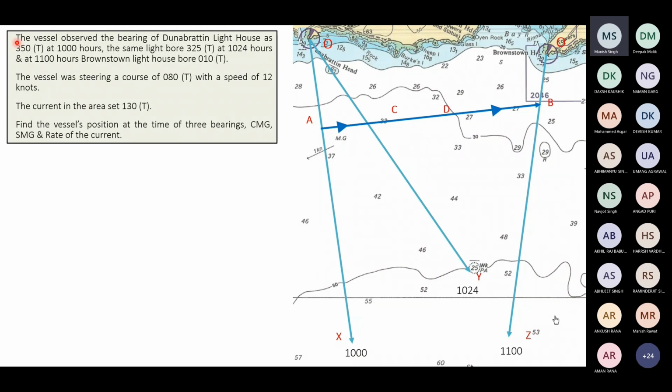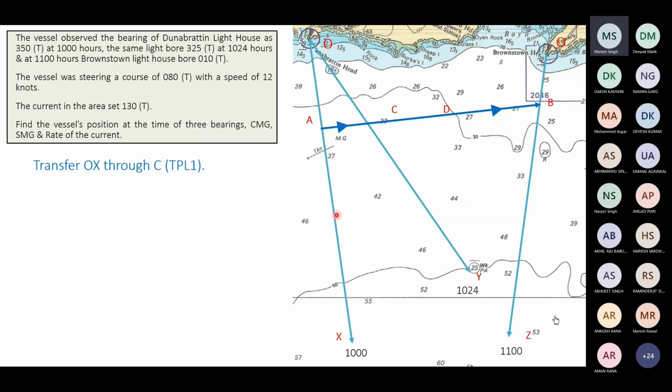Moving further on our plot, we have these two reference points on our chart now, that is Charlie and delta. Now I have to draw a line parallel to my first PL. My first PL is OX.